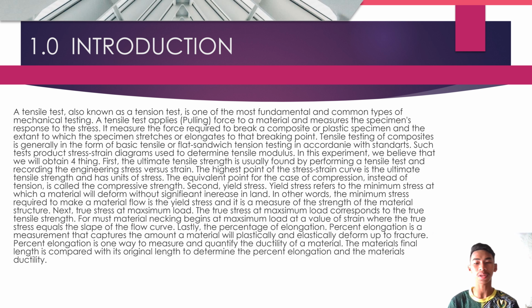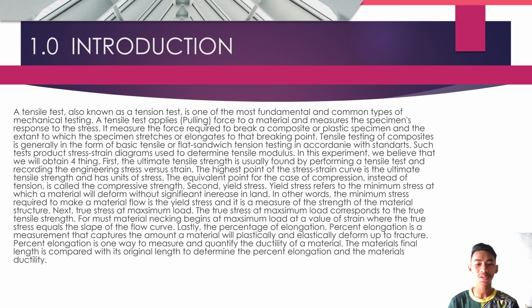Next, the true stress at maximum load. The true stress at maximum load corresponds to the true tensile strength. For most materials, necking begins at the maximum load, at a value of strain where the true stress equals the slope of the flow curve. Lastly, the percentage of elongation.